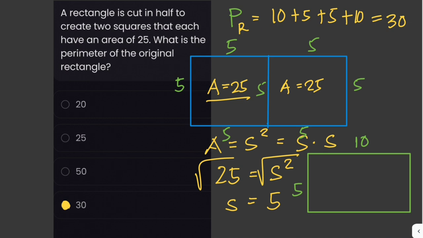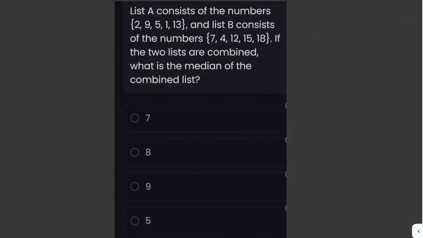List A consists of the numbers 2, 9, 5, 1, 13, and list B consists of the numbers 7, 4, 12, 15, 18. If the two lists are combined, what is the median of the combined list? So now let's combine list A and list B, and then we're gonna arrange them in ascending order.